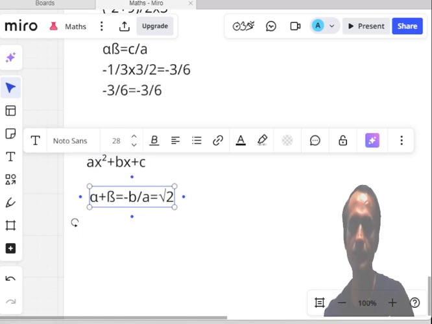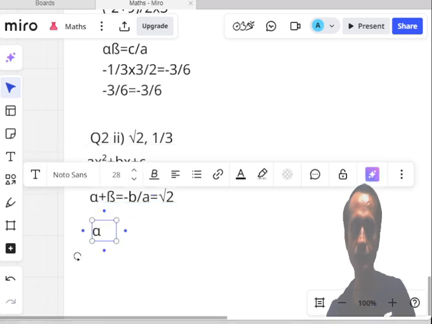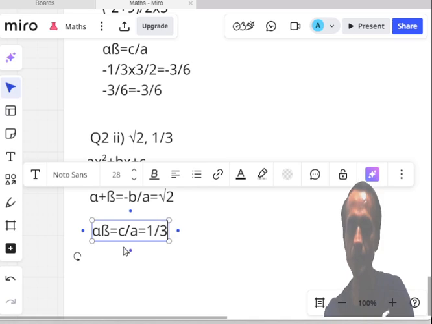We are given the sum of the zeros, and then we are given the product of zeros. We already know that the product of zeros is equal to c by a, and this is given to be 1 by 3.